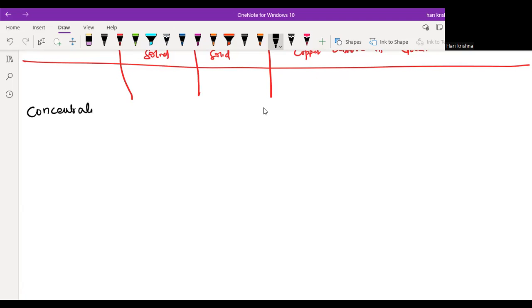So this is again the numerical part. So the first one is the mass percentage. What is the mass percentage formula?